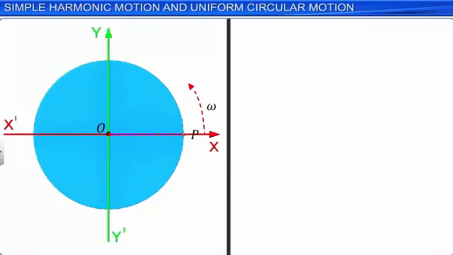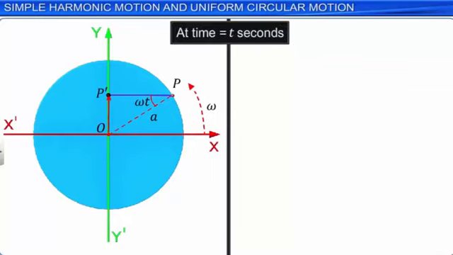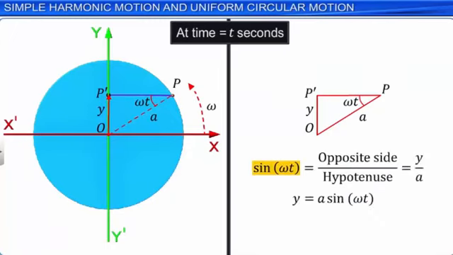The displacement of the projection of the particle, y, is then obtained using trigonometric ratios of the right-angled triangle thus formed. Sine of the angle omega t is the ratio of opposite sides, which is the displacement of the projection of particle P', that is, OP', represented as y, to the position vector of the particle OP, whose magnitude is equivalent to the radius A of the reference circle.